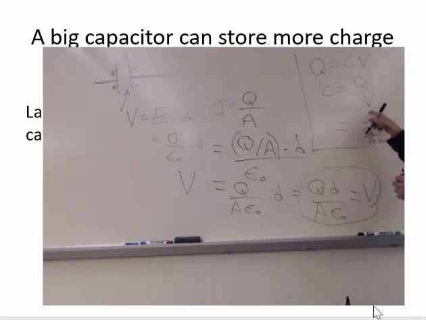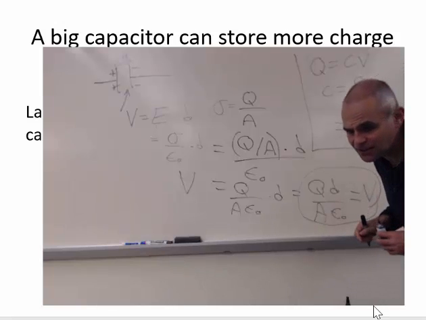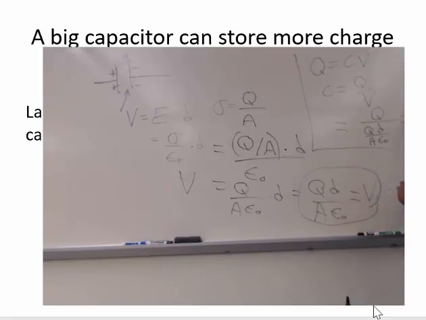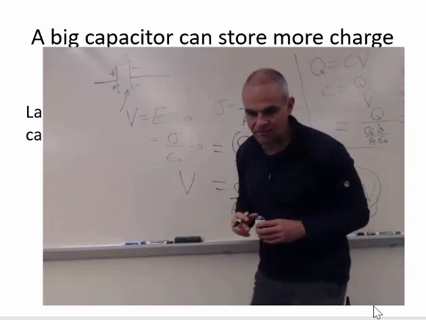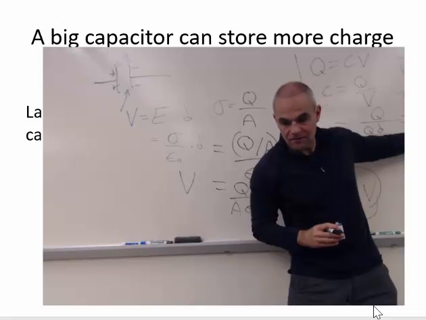Notice that the Q's cancel. This is going to give me an equation for capacitance. The Q's cancel, and it becomes equal to A epsilon 0 over D. This is my equation for capacitance for a two parallel plate capacitor, right there.